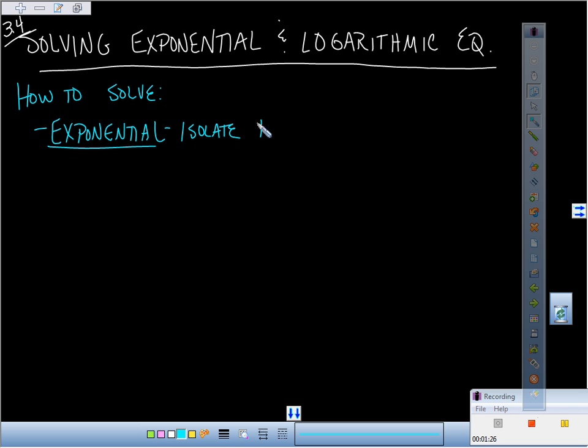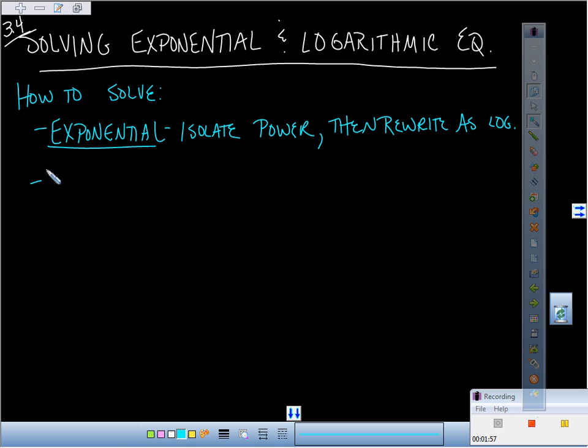So you're going to isolate the power. Now, what do I mean when I say power? Yeah, that's like a base and an exponent, okay? The base and its exponent, that's a power. So you're going to isolate the power, and then you're going to rewrite it as a log.